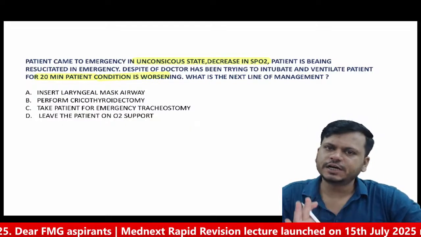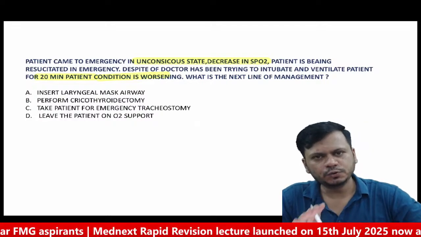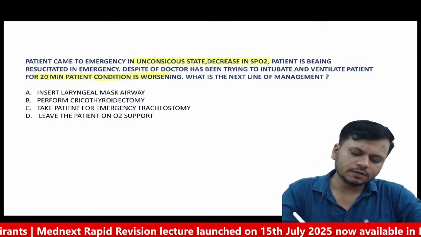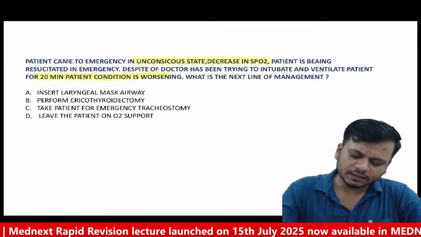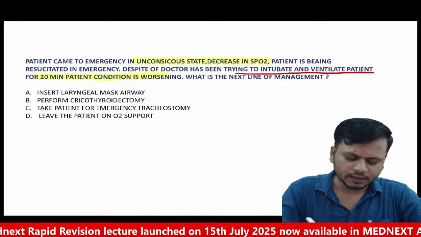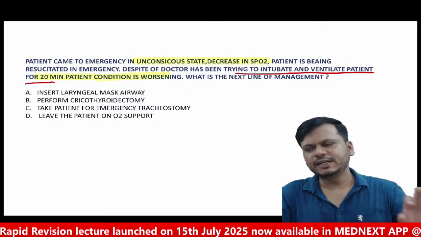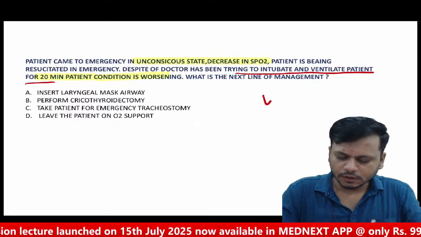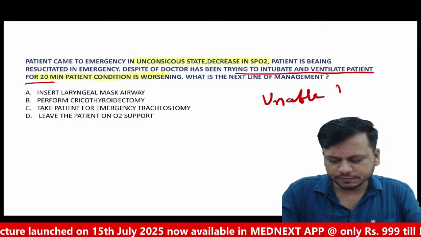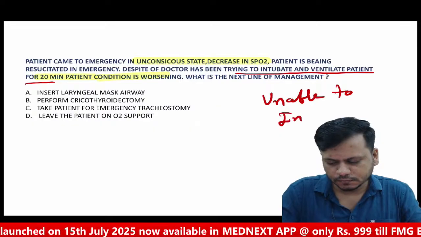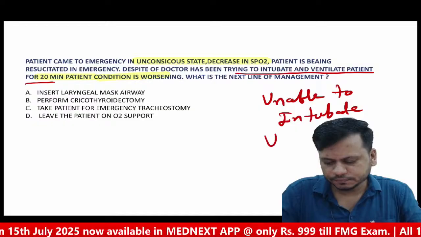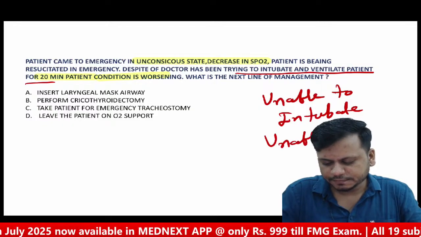See, this question is tricky. Ultimately, you know the language and the examiner knows the language. But if they have written clearly trying to intubate and ventilate, still patient's condition is deteriorating, that means unable to intubate and unable to ventilate.